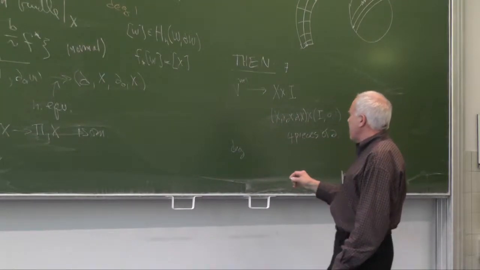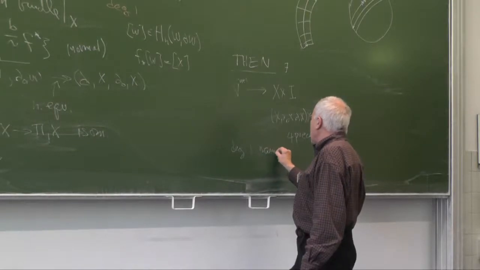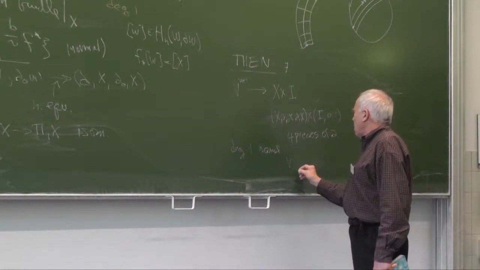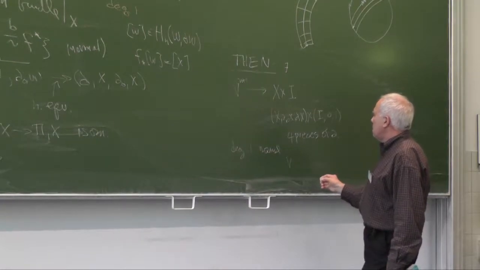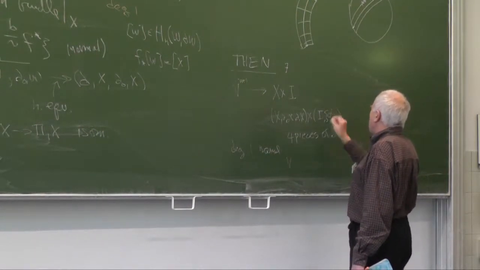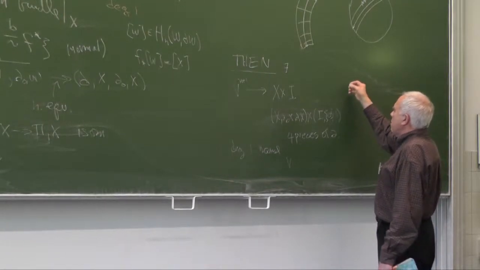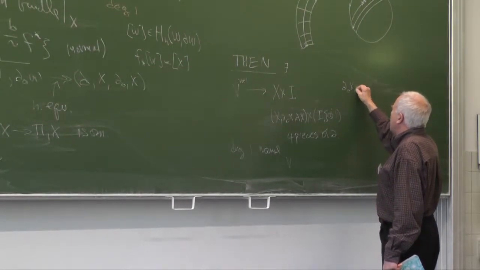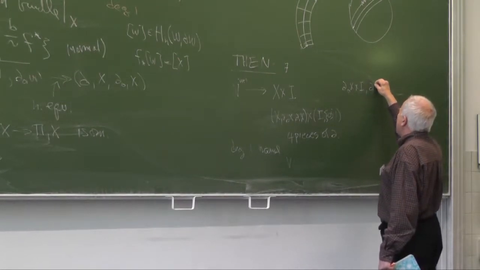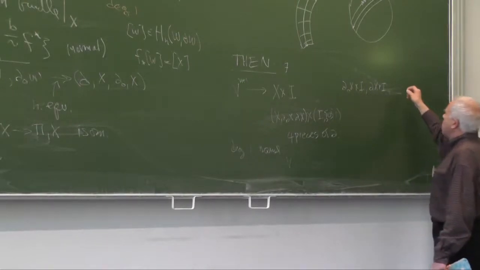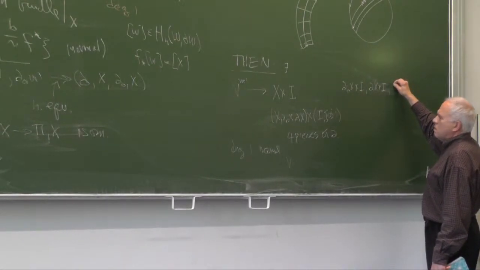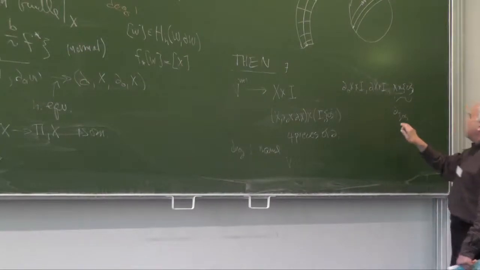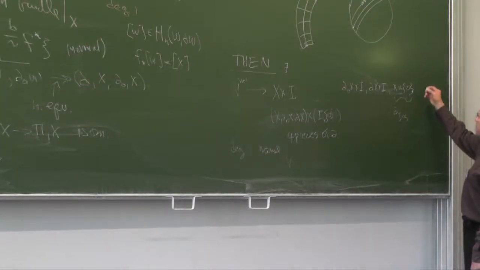So anyway, this has 4 pieces of boundary, degree 1, normal, and V, let's call, now gives us the boundary, boundary 0 X cross I, boundary 1 X cross I, X cross 0, and I'm going to call this boundary 0 with curly braces around it.